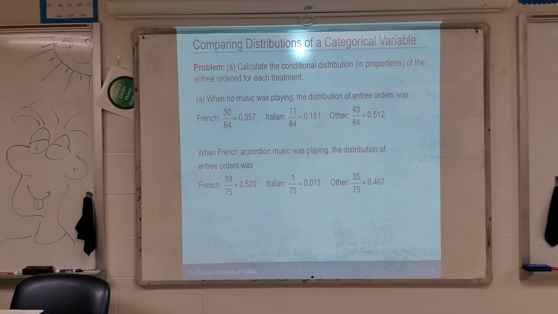Only 1 out of 75 when listening to French music ordered Italian food. And then when Italian string music was playing, there's the distribution there. More people ordered other things besides Italian food when listening to Italian music. Interesting. That's weird.